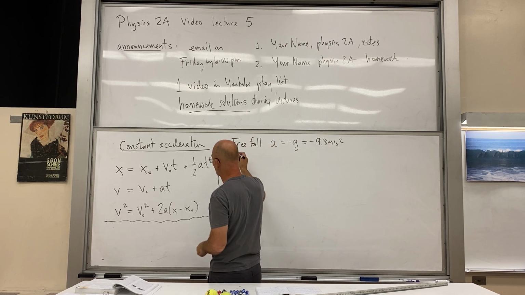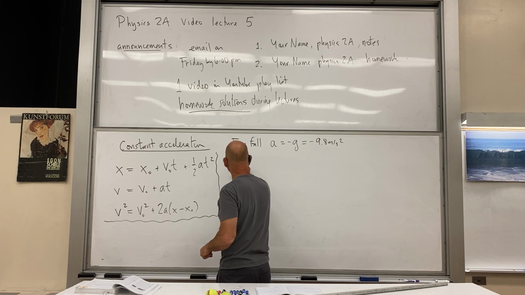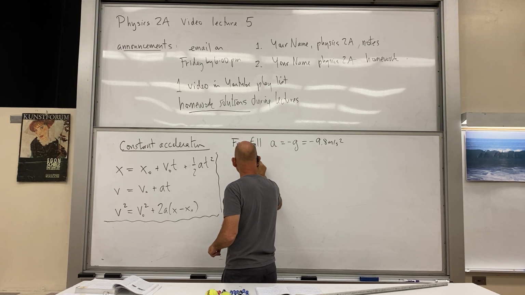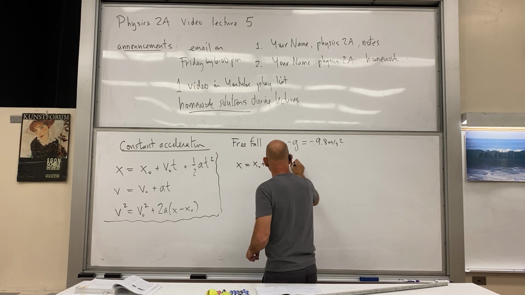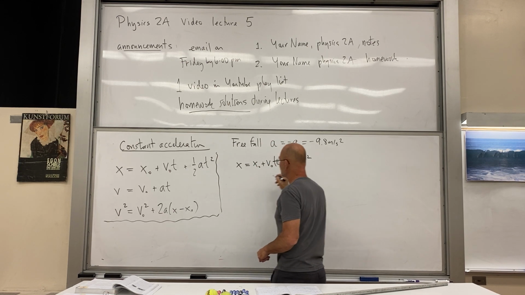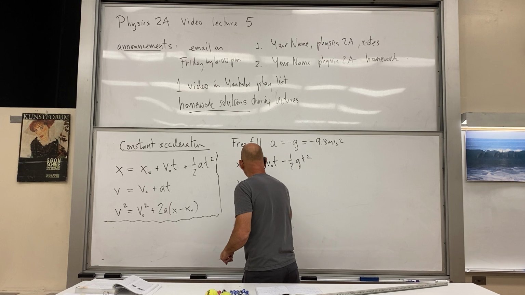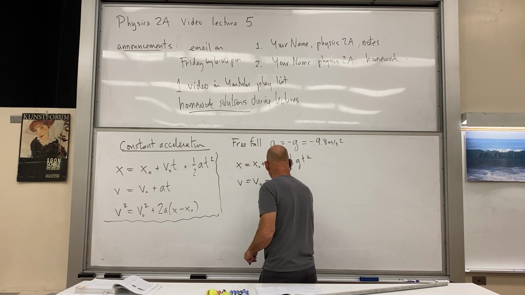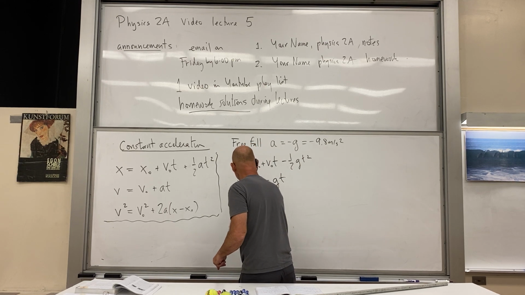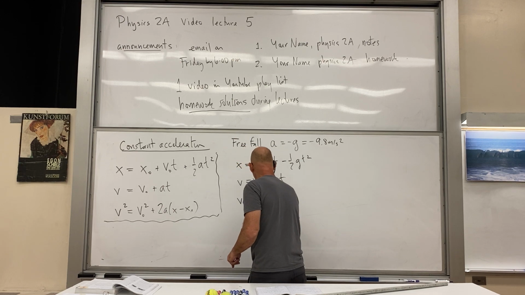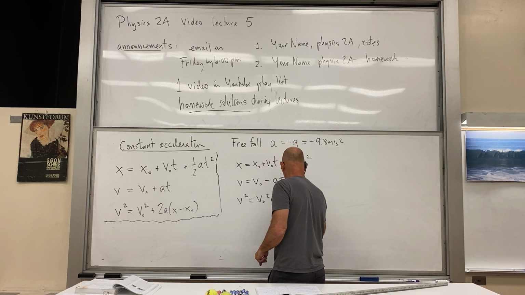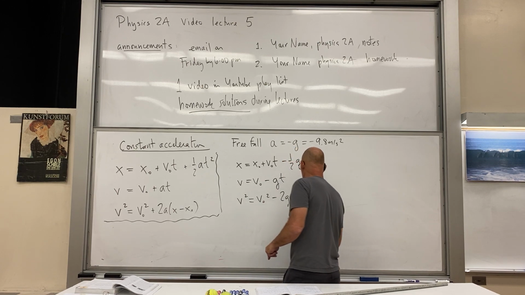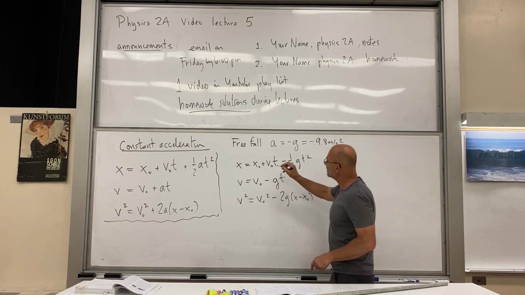I put the minus sign in by hand, and I have x equals x0 minus 1/2 gt squared, v equals v0 minus gt, v squared equals v0 squared minus 2g(x minus x0).